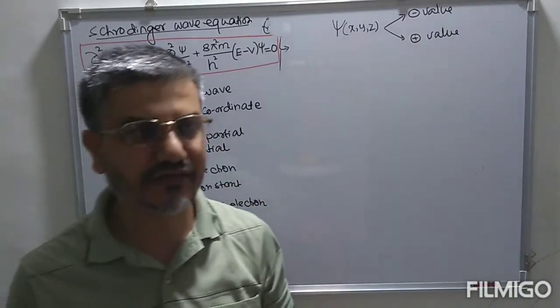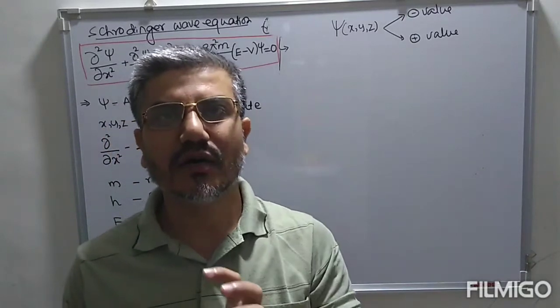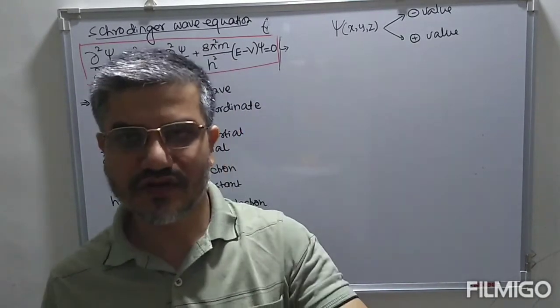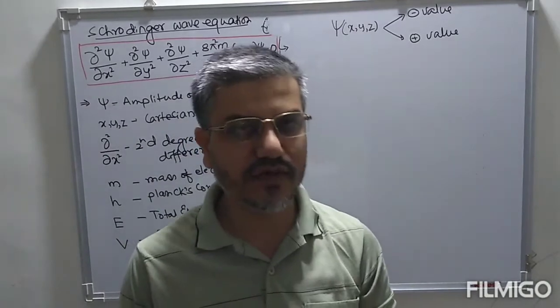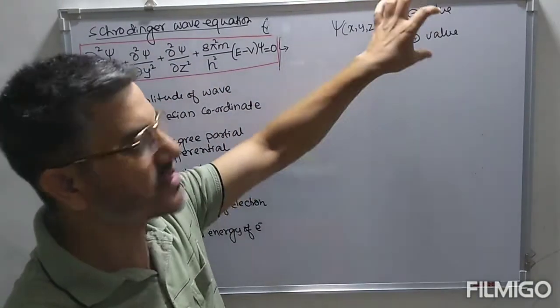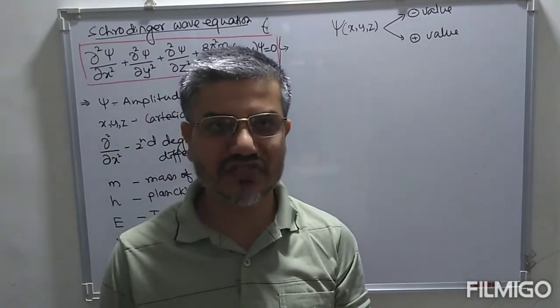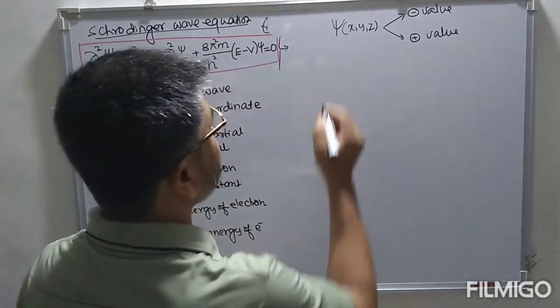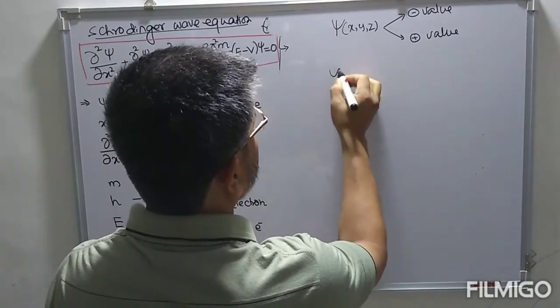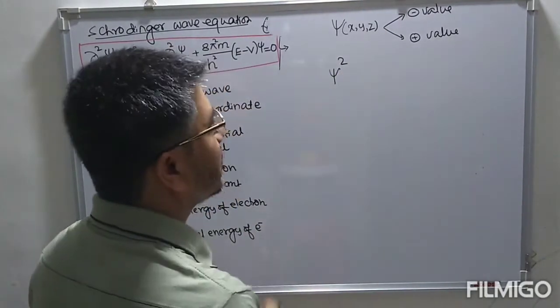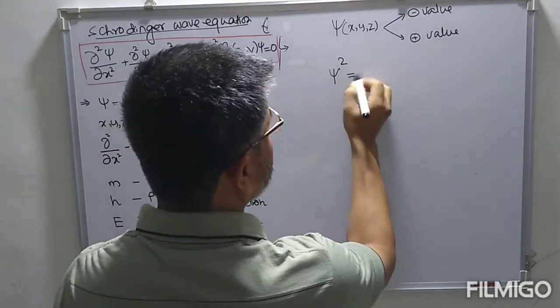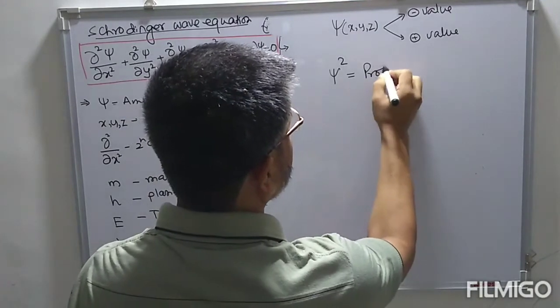So there is no significance of a negative value. To overcome this negative value of wave function psi, this wave function psi is changed to psi square. Psi square represents the probability.